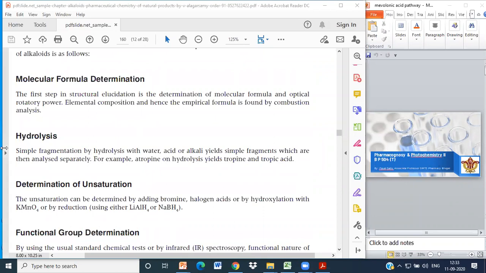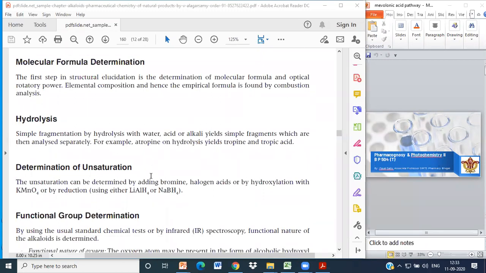Hydrolysis with water, acid or alkali yields simple fragments which are then analyzed separately. For example, atropine on hydrolysis yields tropine and tropic acid. Atropine is obtained from Atropa belladonna, so if you want to analyze its structure, you go for simple fragmentation by hydrolysis, and you get tropine and tropic acid.